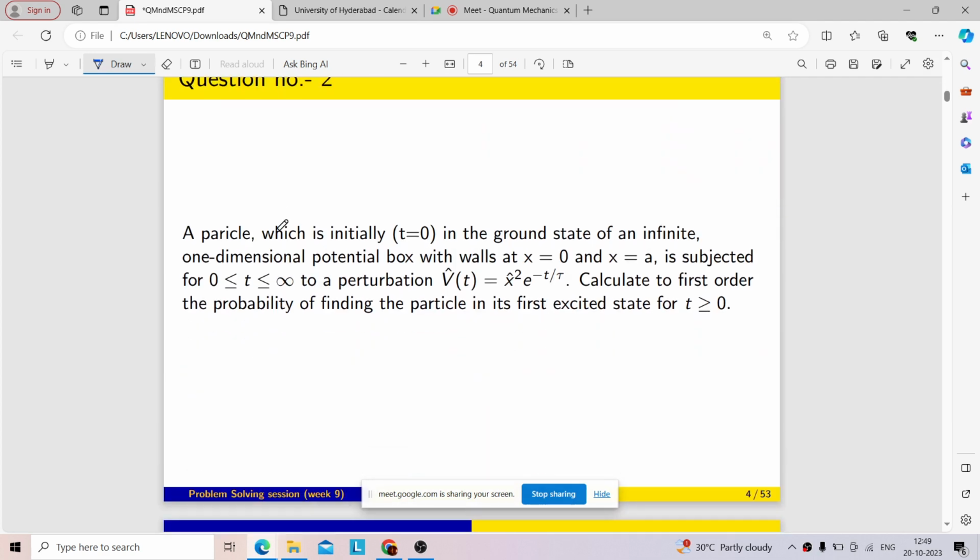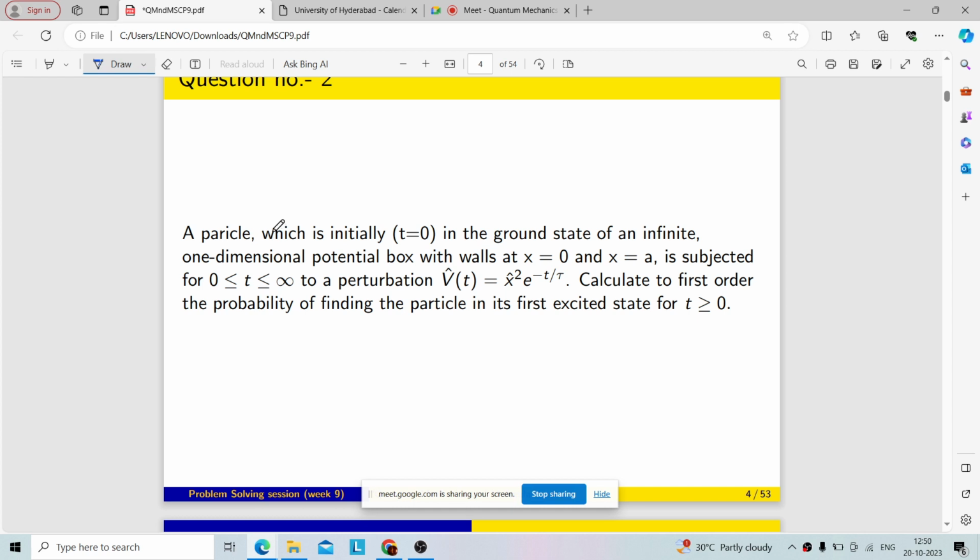Moving on to the next question. A particle, at initial time t equal to 0, was in the ground state of an infinite one-dimensional potential box.